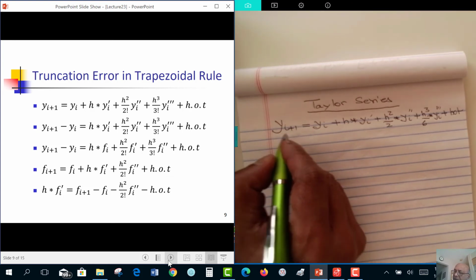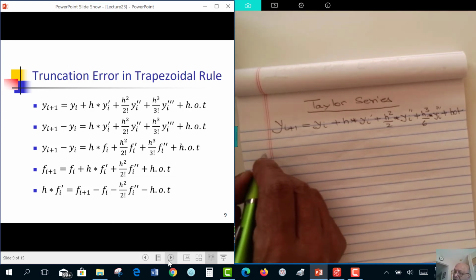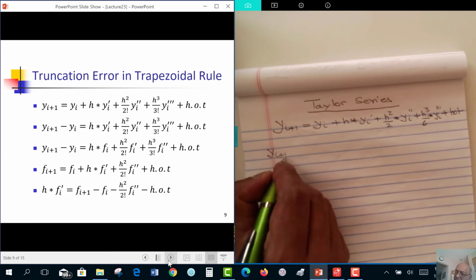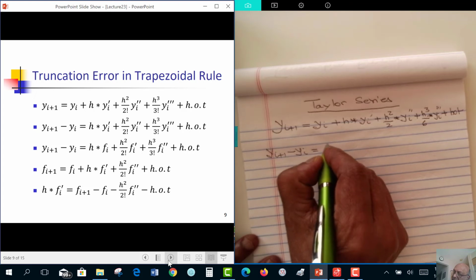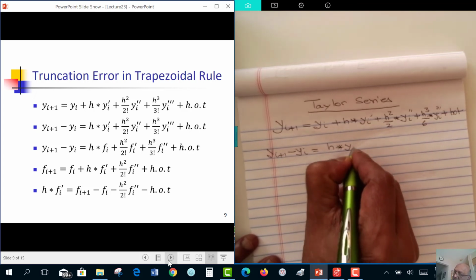So what we can do is subtract yi from both sides. So yi plus 1 minus yi is all this residual value.